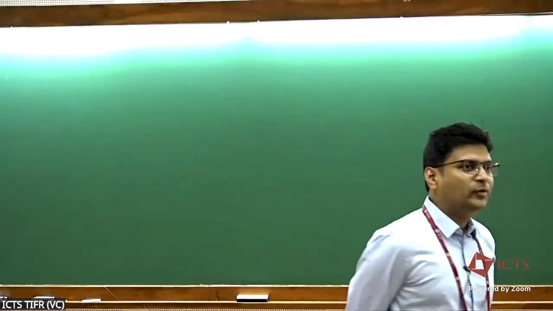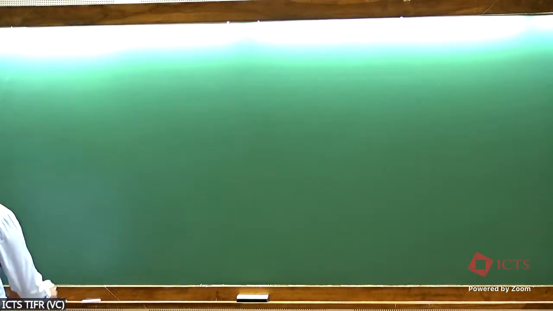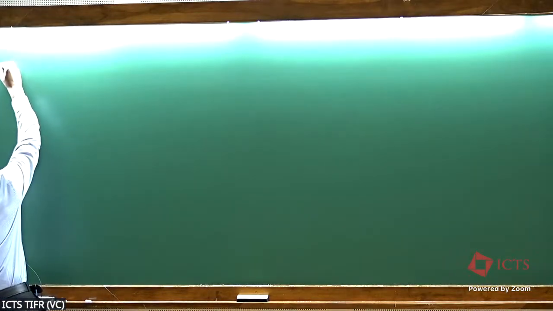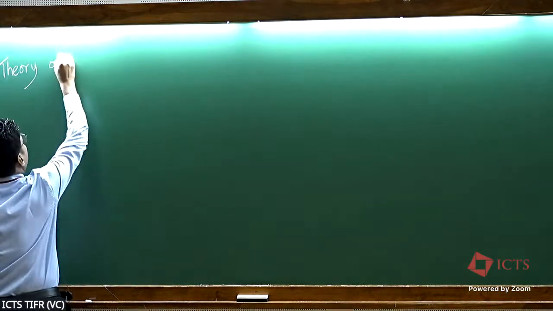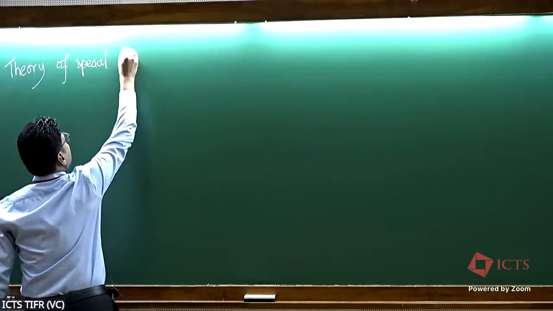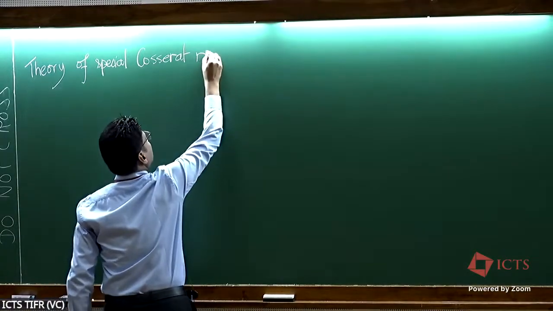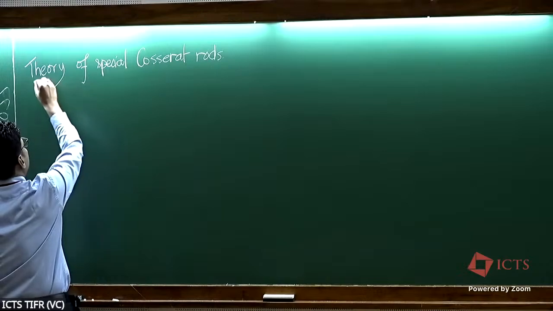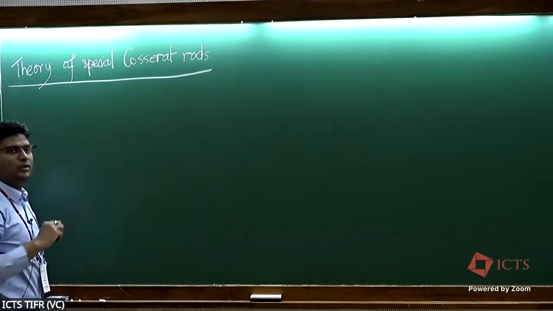So good morning, everyone. Welcome back to the second lecture. This is about the theory of special Cosserat rods. This naturally follows up from our first lecture yesterday on beam theory.